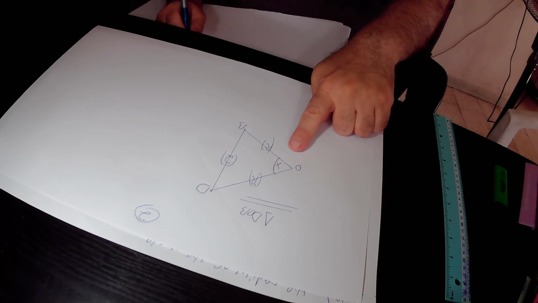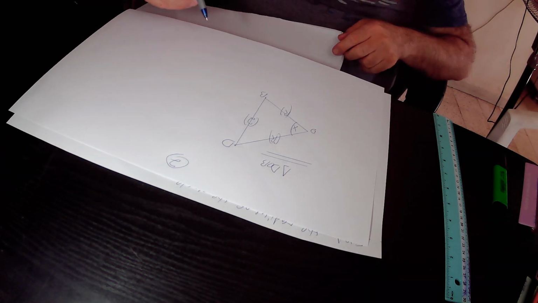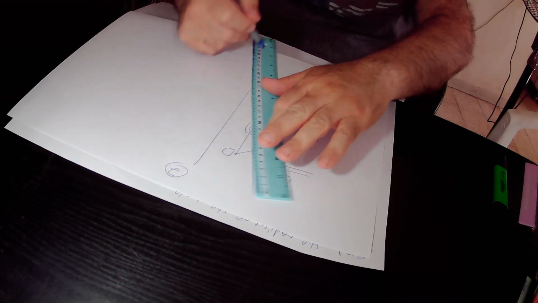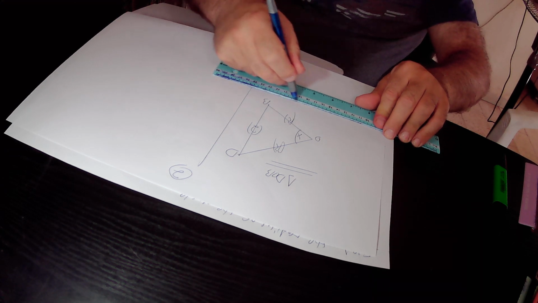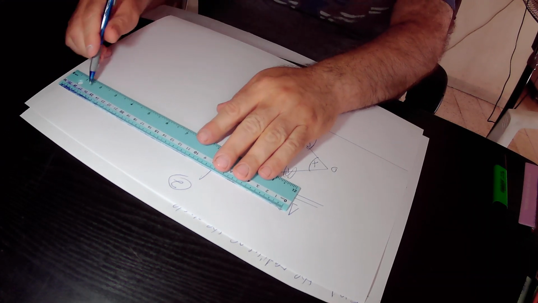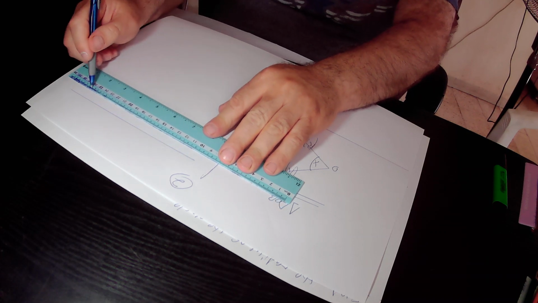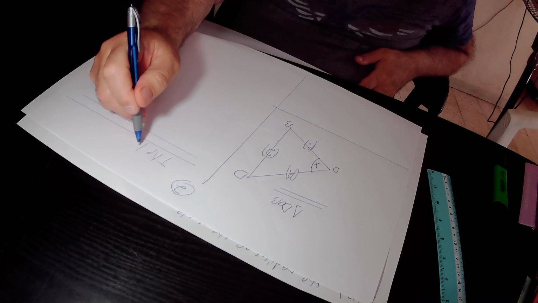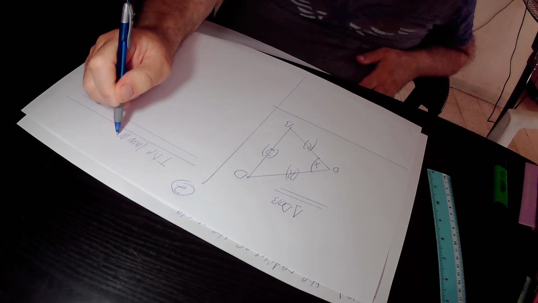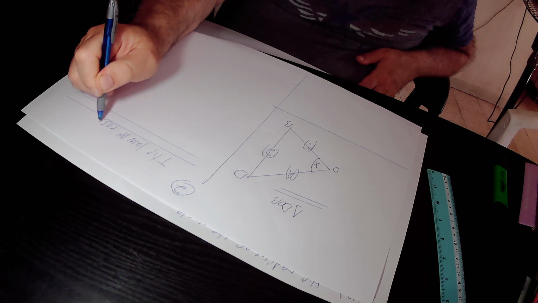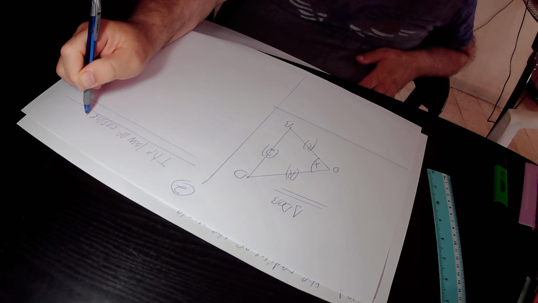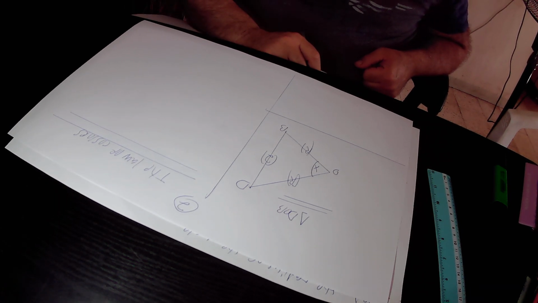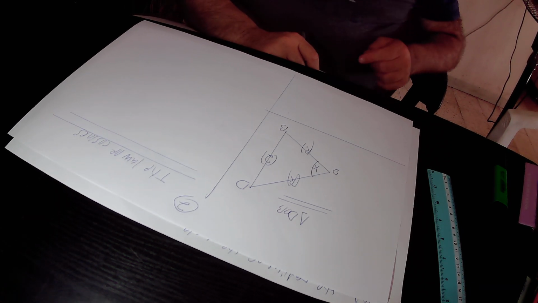So according to the law of cosines, in triangle DOB, the following equation will be true.